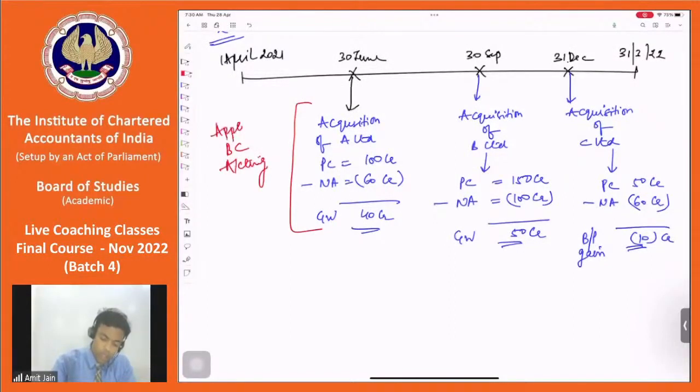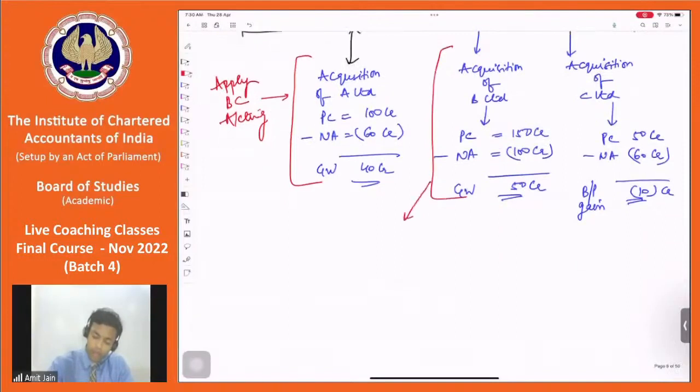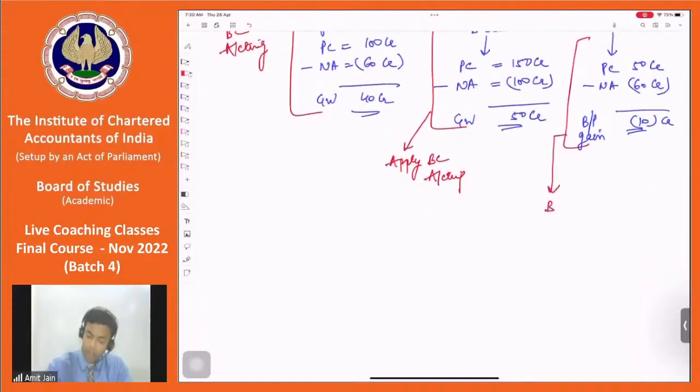On this particular date, apply business combination accounting for another acquisition. On this particular date, I will apply business combination accounting on this particular date, right?